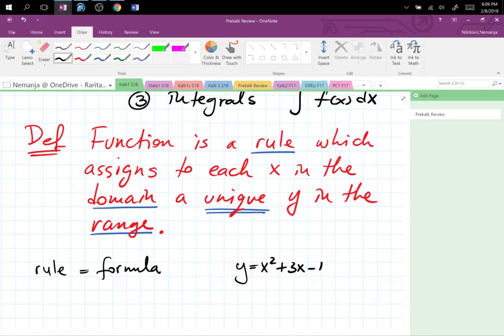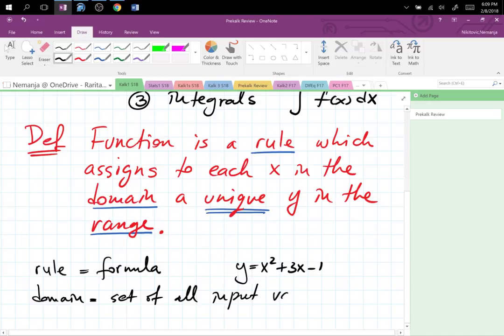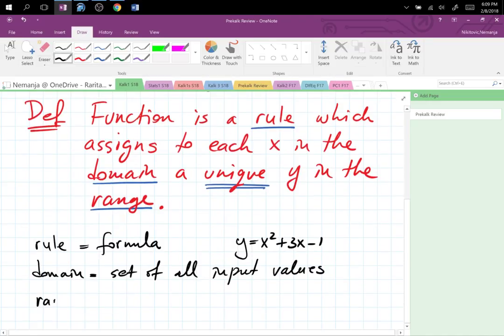Rule is just the formula. Then you have domain, which is set of all input values. Range, set of all output values.